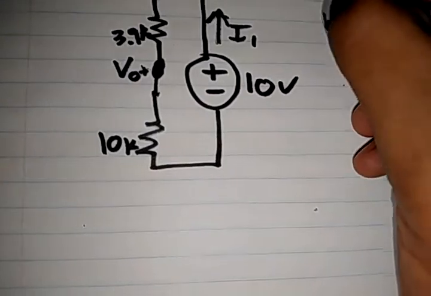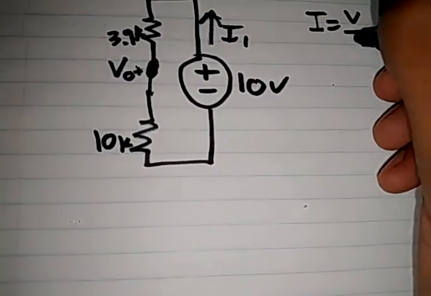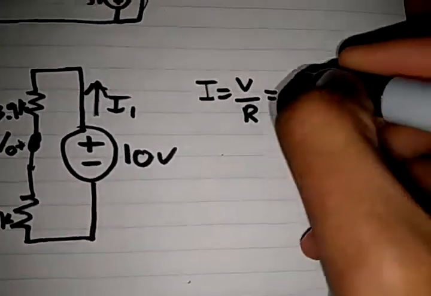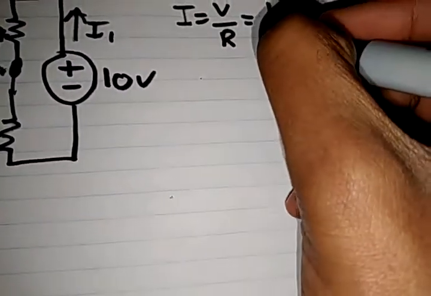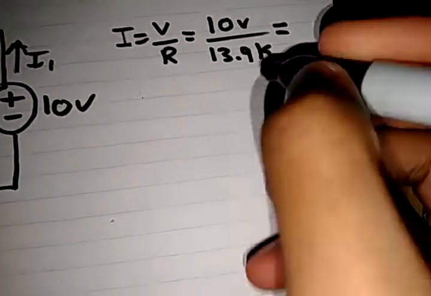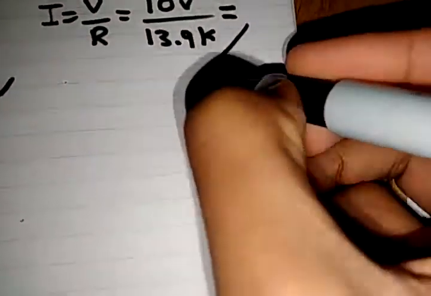Ohm's law gives us I is equal to V over R, which is equal to 10 volts over the equivalent resistance, as we said, 13.9K.